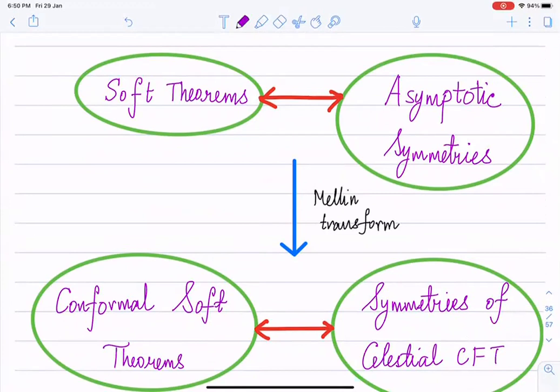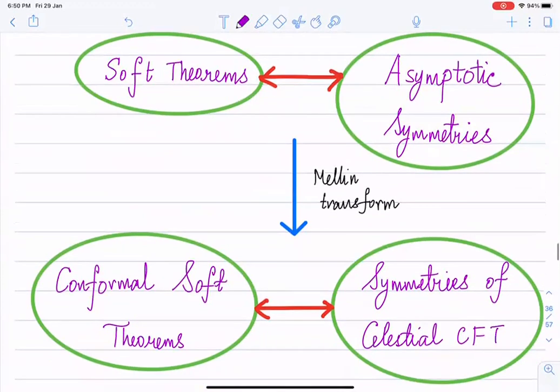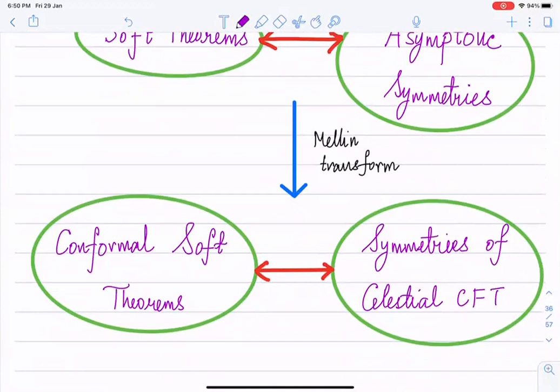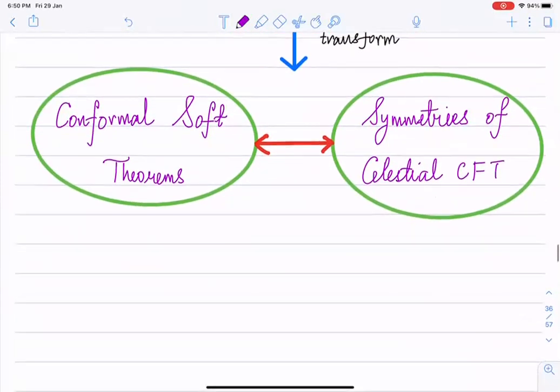What will turn out in this case is that if you do a Mellin transform, then from the usual momentum space soft theorems you can define what are called conformal soft theorems, and what I will show is that these conformal soft theorems can be regarded as Ward identities for certain infinite dimensional symmetries in the corresponding celestial CFT. Okay, so that is going to be the idea. Okay, great.